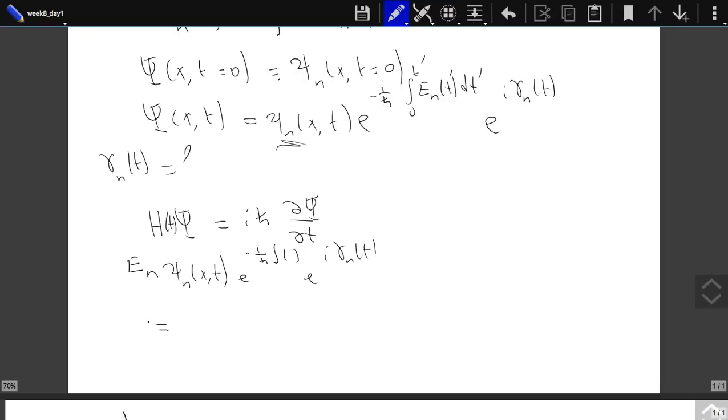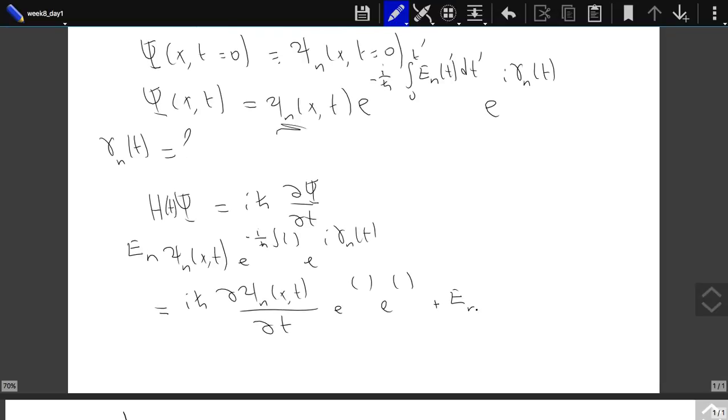That should be equal to, now I need to put the time derivatives: i h bar del psi n of x, t by del t times the exponents, plus E n of t psi n of x and t times the exponents, plus psi n times the first exponent times, let me put a minus over here so that when I multiply with the i it just gives me 1, over h bar, d gamma n by dt times the other exponent.